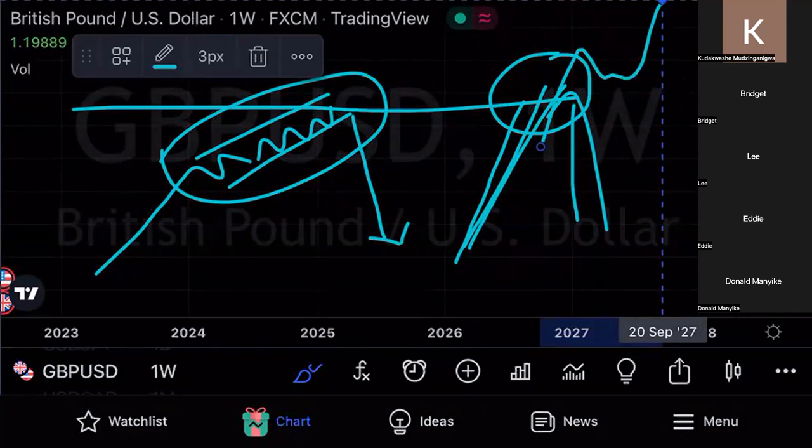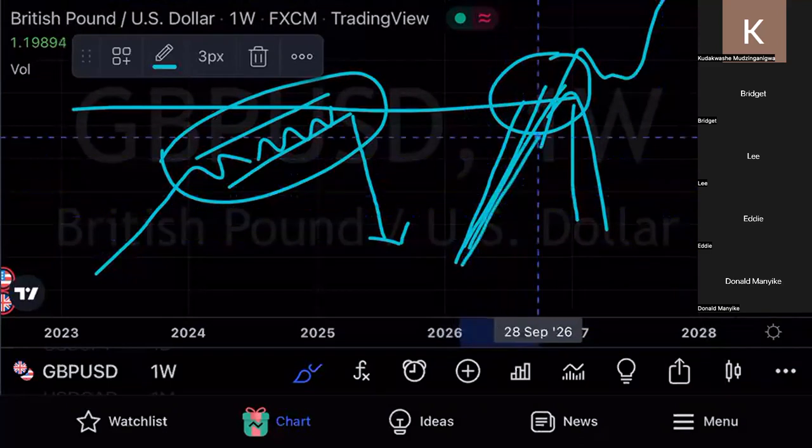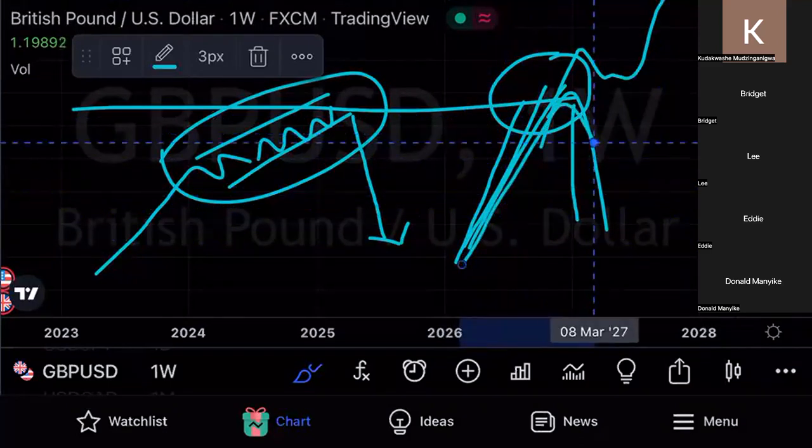There is no pattern there. But it doesn't mean that we do not take trades when price approaches the area of value with momentum. There is a way we trade. So it's very, very important.